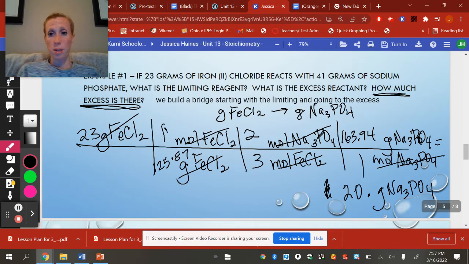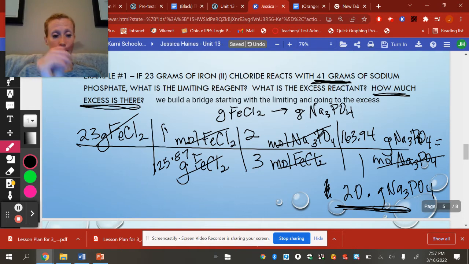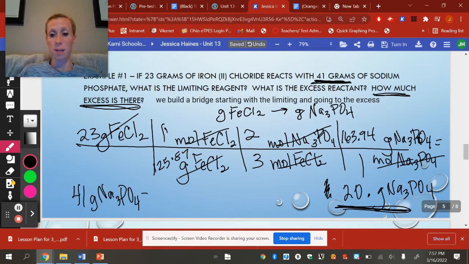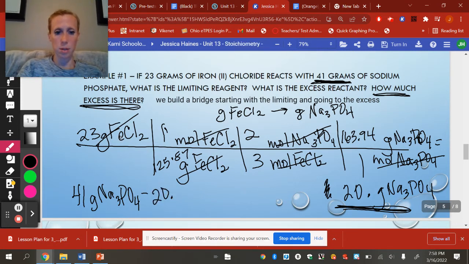If I had 41 grams of it to begin with, and in this reaction 20 grams is used up, then how much is left over? Of course, you would subtract them. So 41 grams, what we had to start with, of Na3PO4 minus the amount of grams that were used when all of the limiting reactant was reacted is 20 grams of Na3PO4.